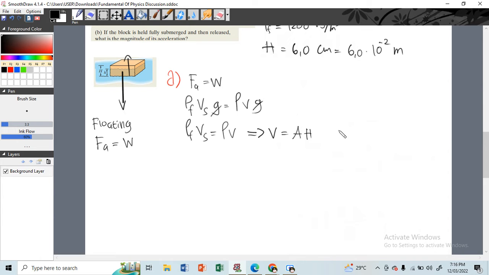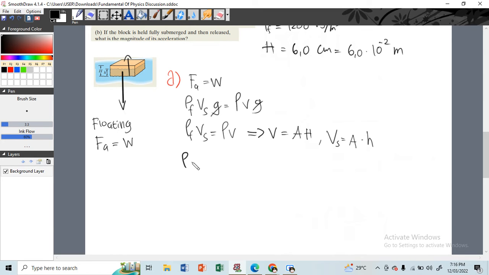So this is for the V, and for the Vs, the volume submerged in the fluid, it is the same as A times the little h. The volume of this submerged region is just its area times the height, which is little h.